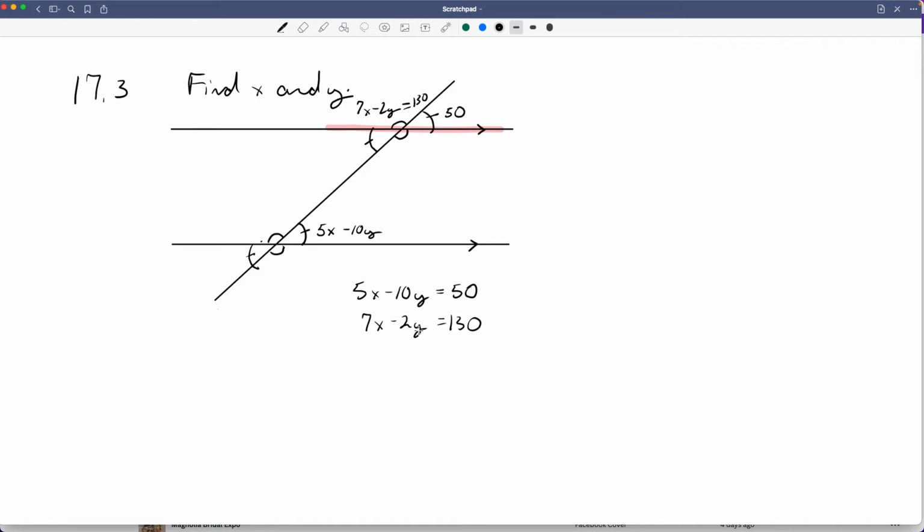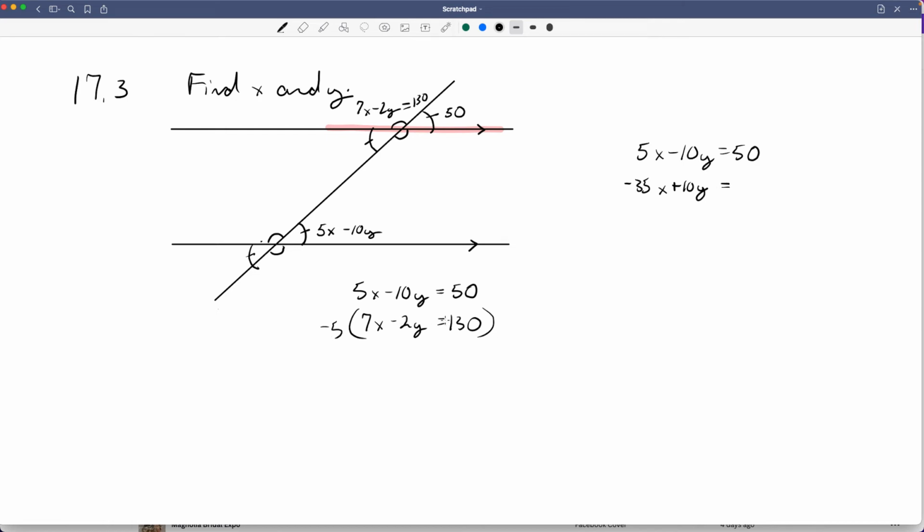And what that does is it allows me to now multiply one of these to create a commonality that I can then eliminate. So I'm going to multiply, let me rewrite this one first. 5x minus 10y is equal to 50. I'm going to multiply this one by a negative 5. Negative 5 times 7 is a negative 35x. Negative 5 times negative 2 is a positive 10y.